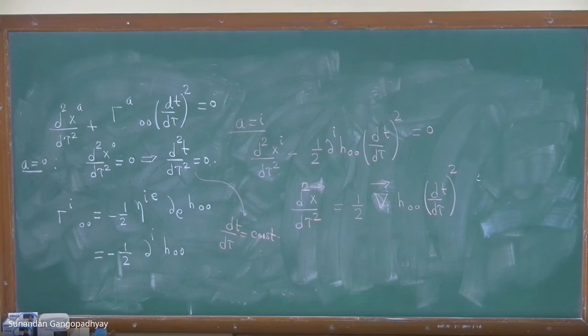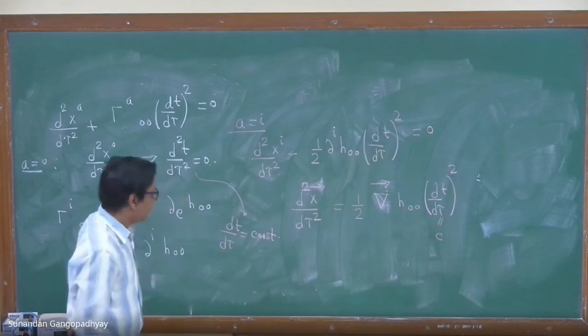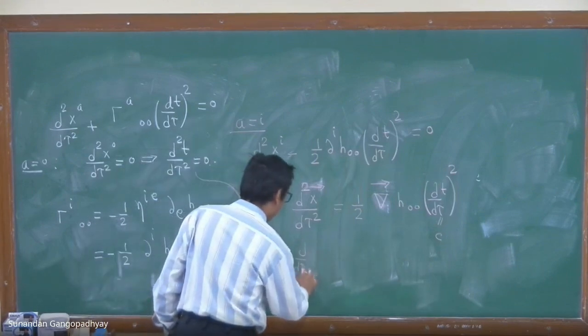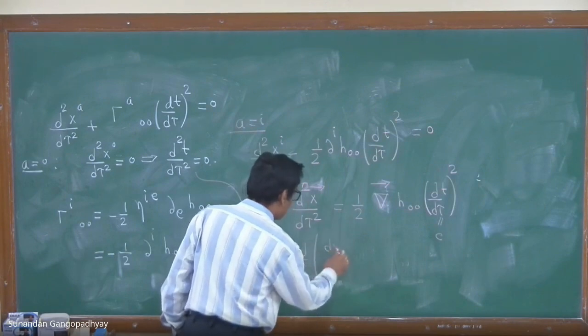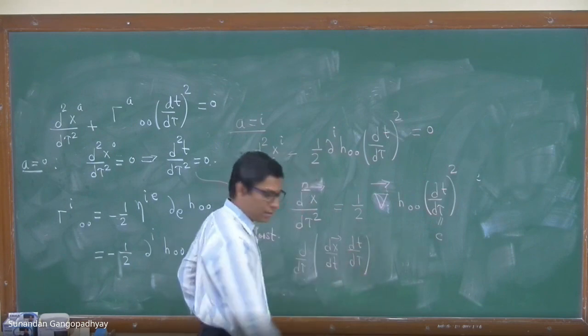This is a constant, so c square. You can write dx vector d tau as dx vector dt times dt d tau, which is again a constant.